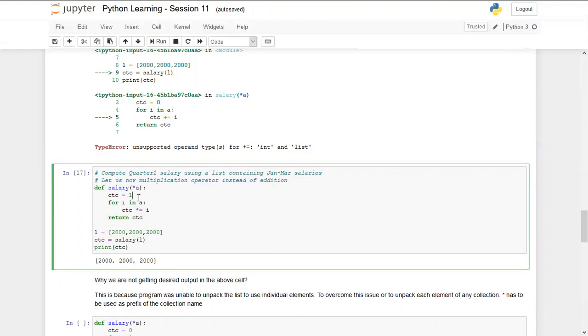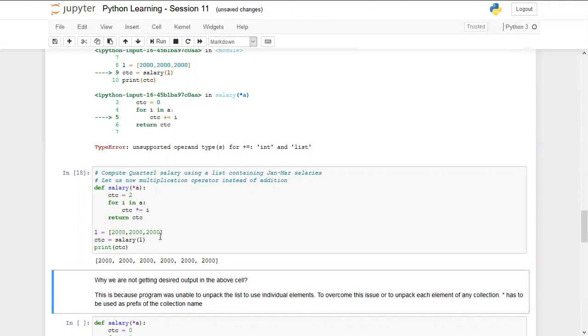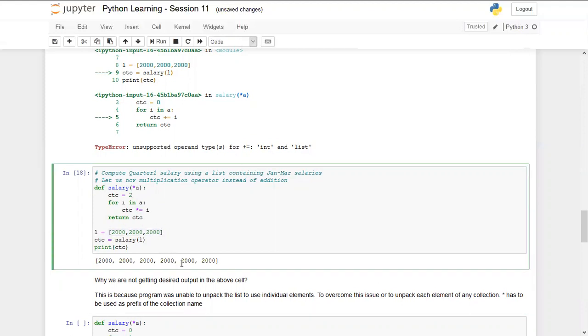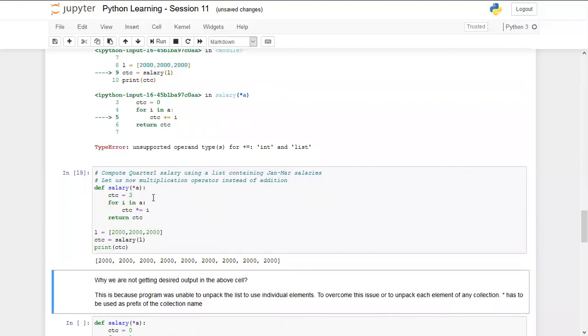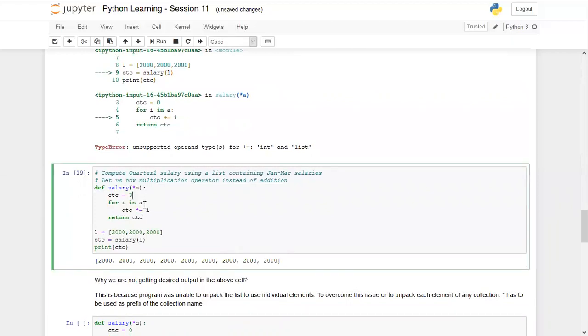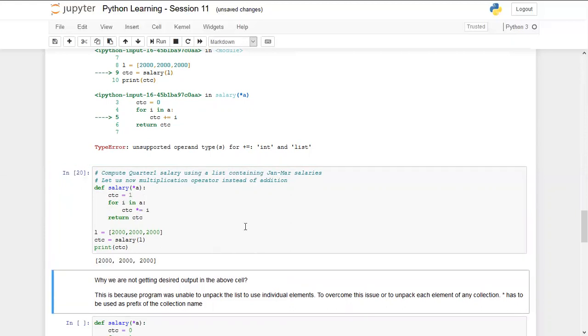But what if I write 2? Then 2 multiplied by this list is writing this list twice. And if I write 3, it will keep on increasing. So what is happening? We have to pass individual items so that it can add the CTC accordingly, but it is returning the complete list, which is not as per our use case.